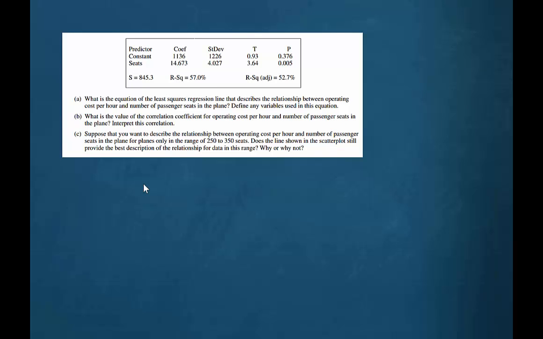The first question is, what is the equation of the least squares regression line that describes the relationship between operating cost per hour and number of passenger seats in the plane? Define any variables used in this equation. So we're to write out the equation of the least squares regression line, and that would be in this form: y hat equals a plus bx. So we talked about a second ago that our response variable is the cost.